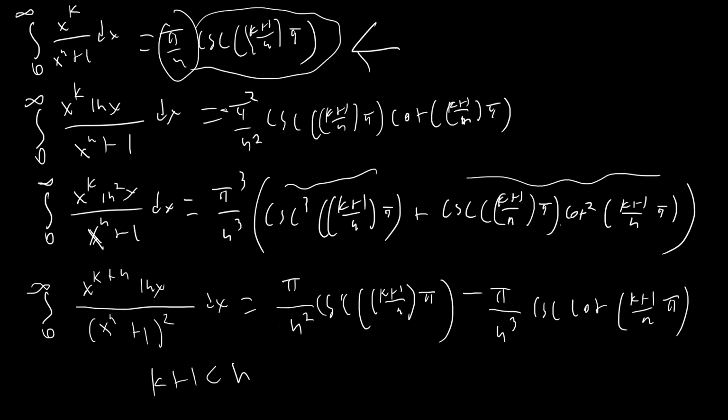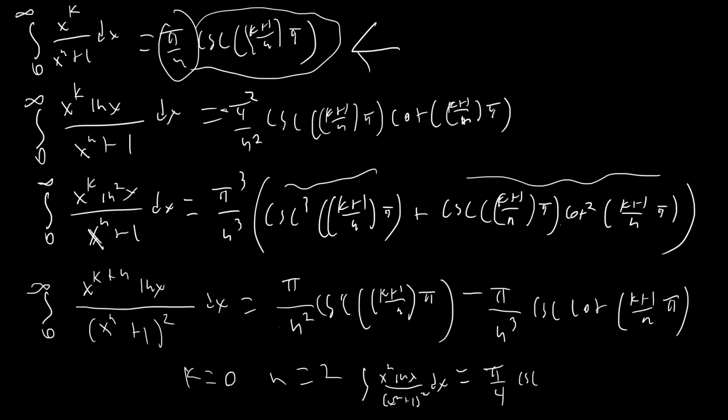So let's say, for example, k equals 0, n equals 2, then we'll end up with the integral from 0 to infinity of x squared ln x over x squared plus 1 squared dx is going to be equal to pi over 4 cosecant of, what is that, pi over 2?